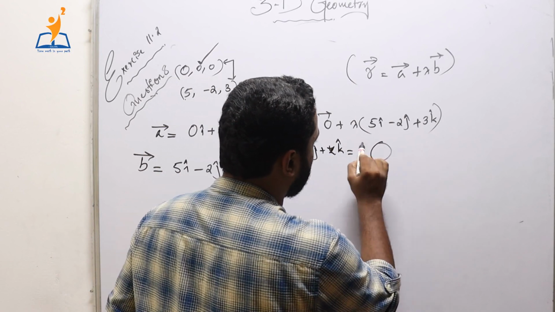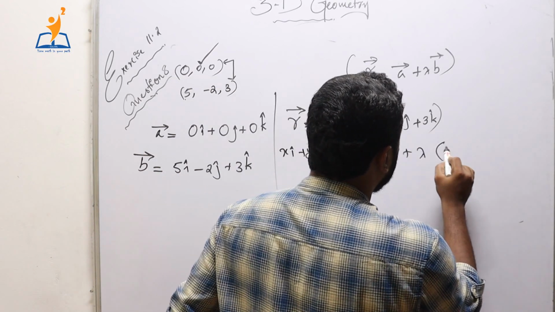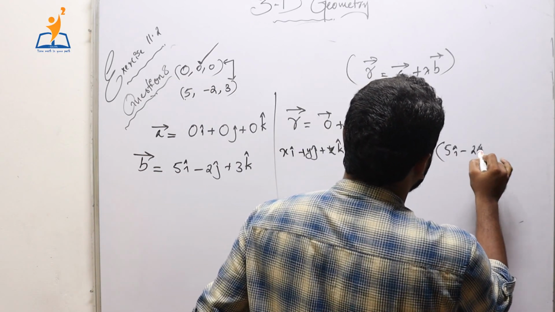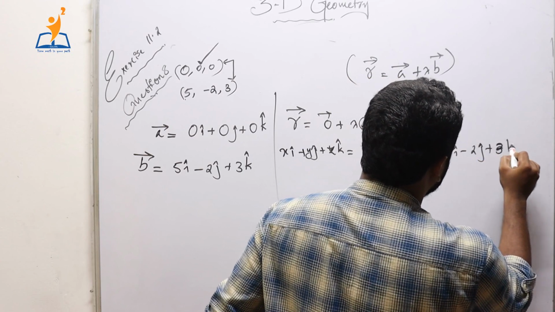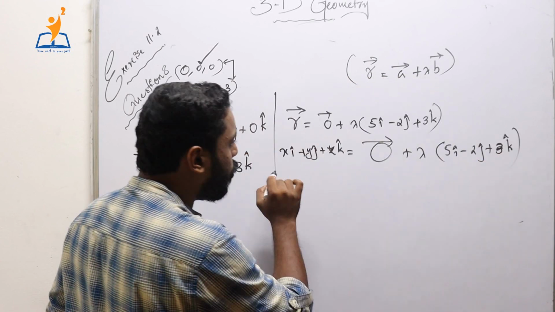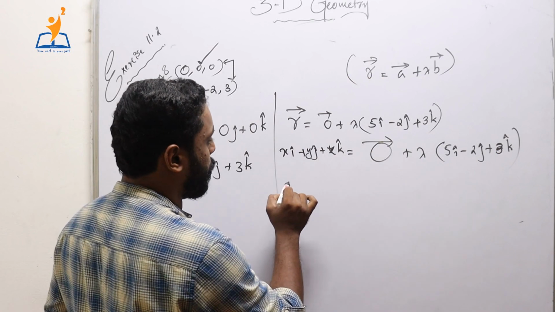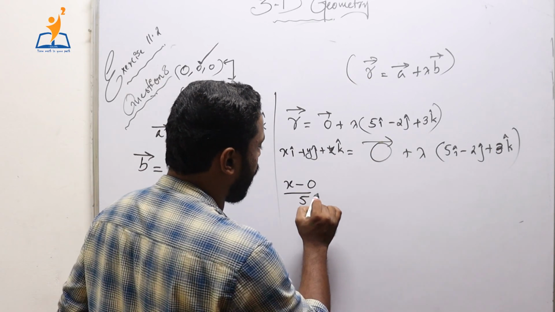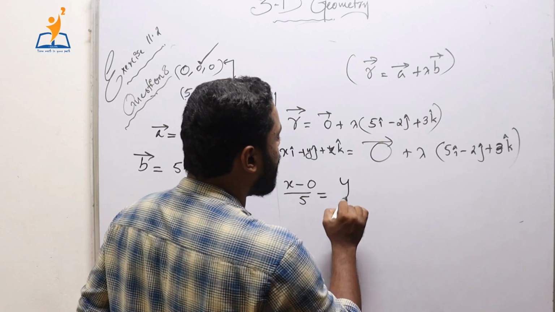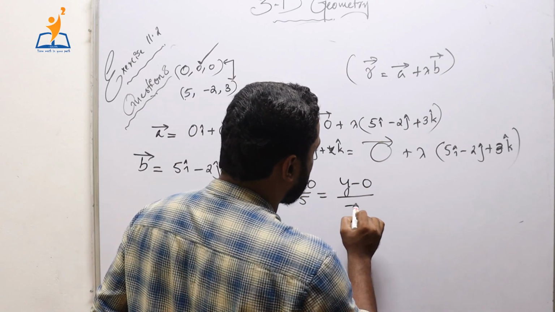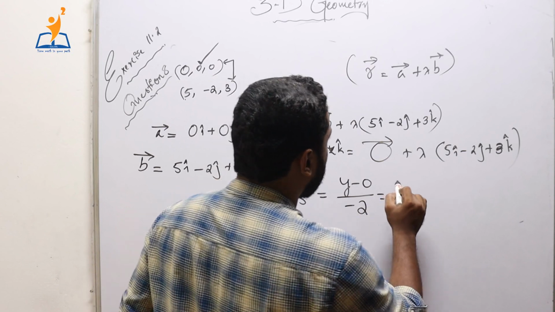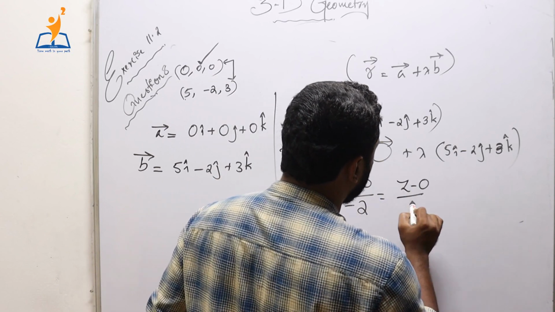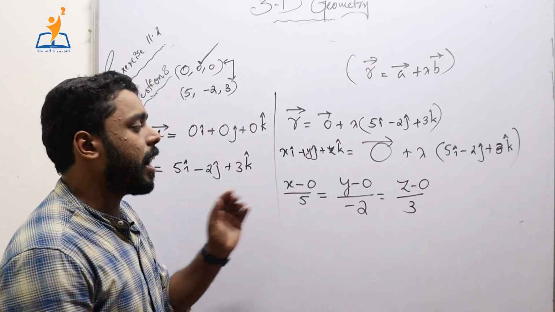It is equal to vector 0 plus lambda into 5i cap minus 2j cap plus 3k cap, isn't it? Now we can equate the respective components, which gives us (x minus 0) divided by 5 is equal to (y minus 0) divided by minus 2 is equal to (z minus 0) divided by 3, which is the Cartesian equation.